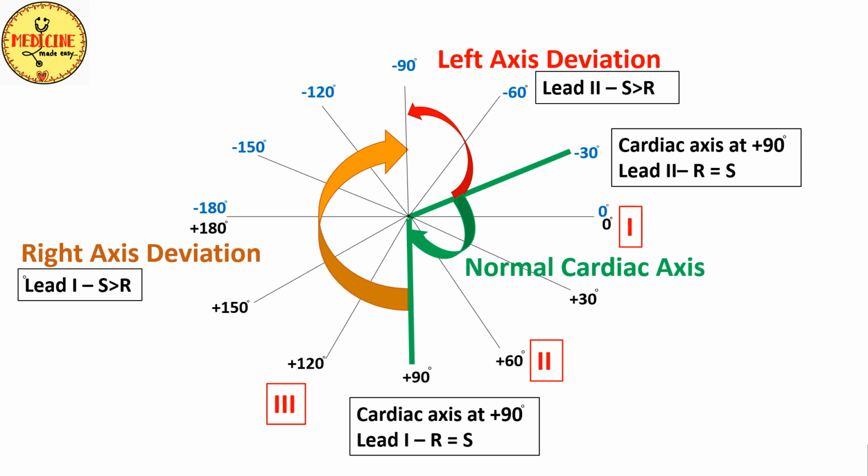Thus, S wave greater than R wave in lead 2 is the most important finding in left axis deviation. Left axis deviation can range from minus 30 to minus 90 degrees. Now that you have become experts of cardiac axis interpretation, next time when you come across an ECG strip, mainly look at leads 1 and 2 and determine whether there is an axis deviation or not.